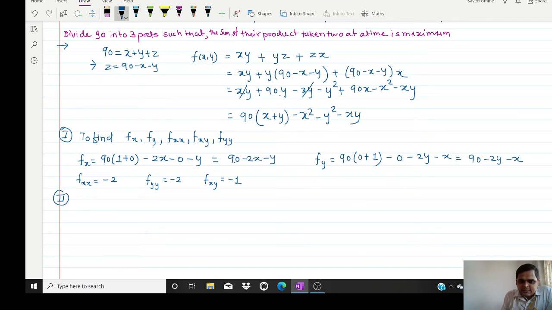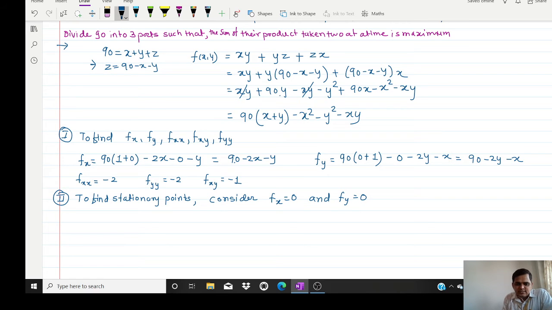Now the second step, to find stationary points. Consider two equations, fx is equal to 0 and fy is equal to 0.